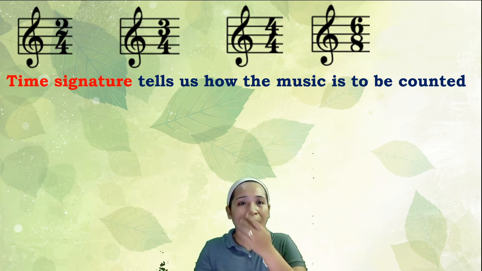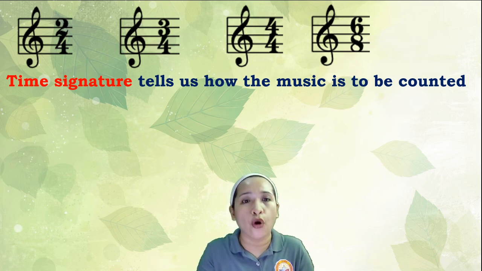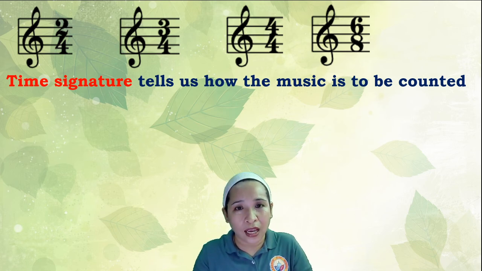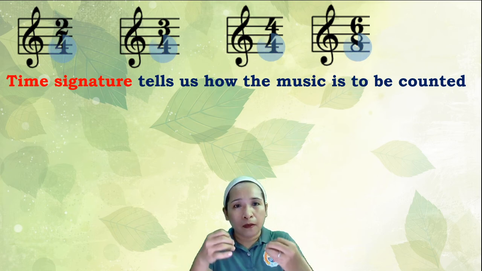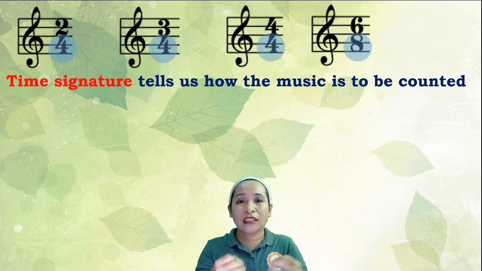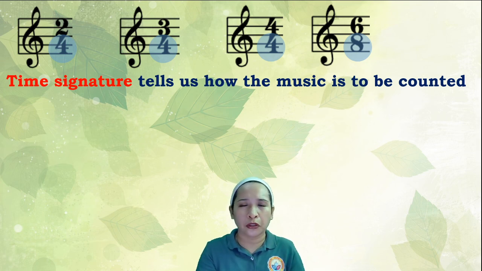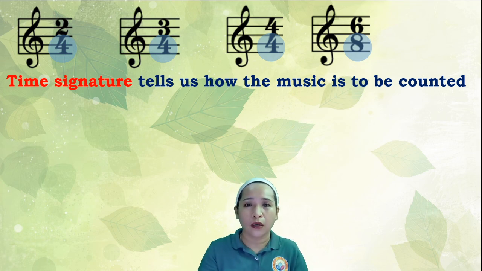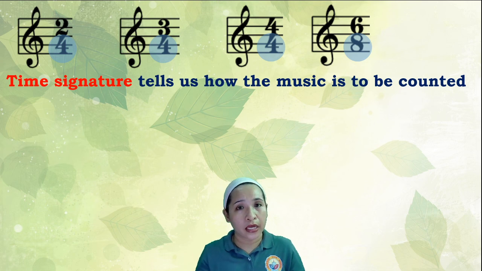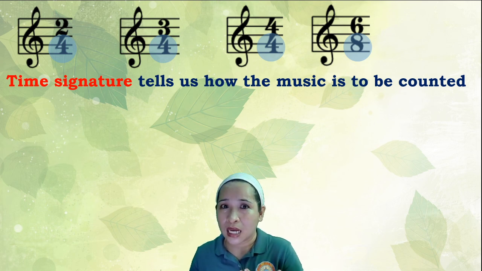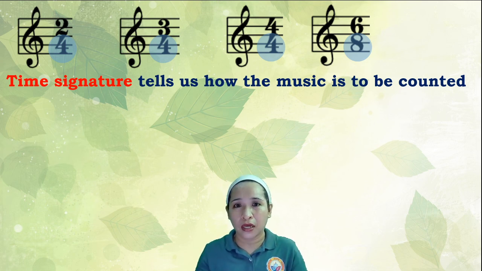And then it will also give us a different value for the different notes, especially when the lower number is different, like 4. If it's 4, then a quarter note or a quarter rest is equal to 1. But if it's 8, then an eighth note or an eighth rest is equal to 1.